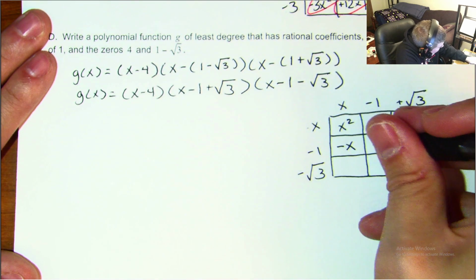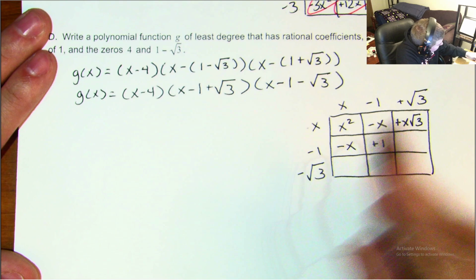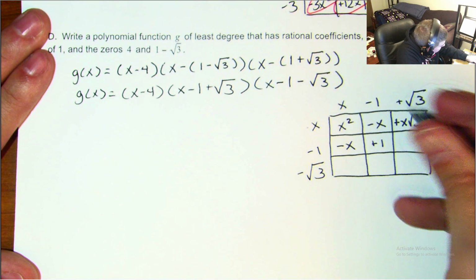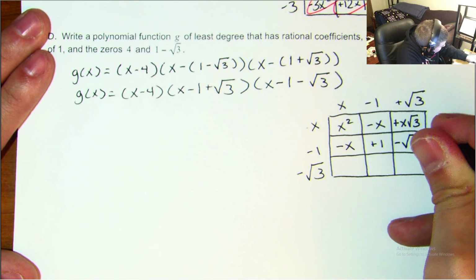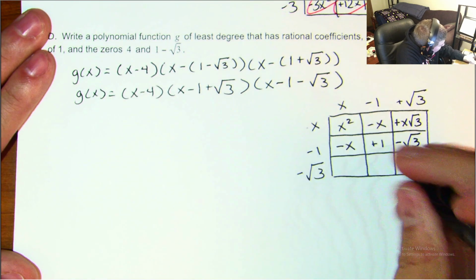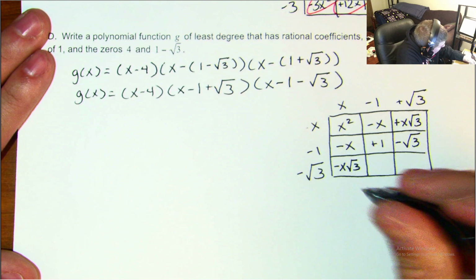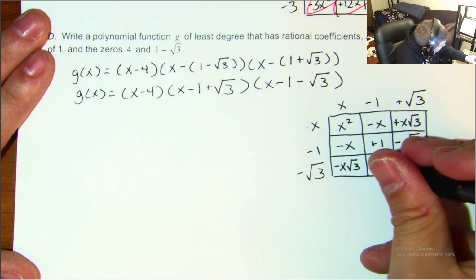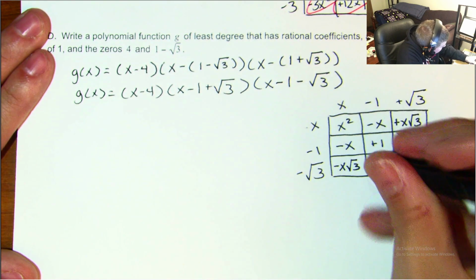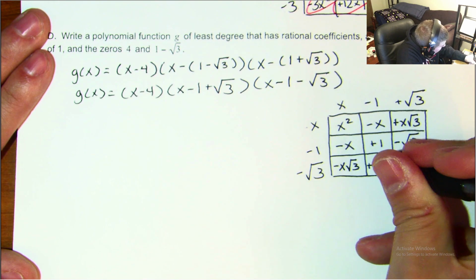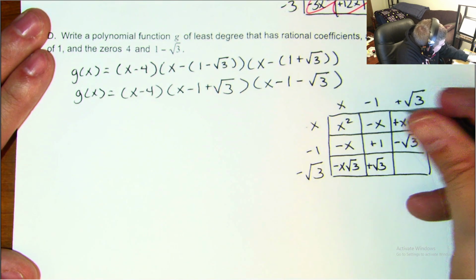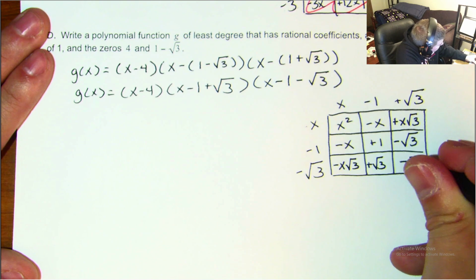Negative 1 times negative 1 is positive 1. Negative 1 times the positive square root of 3 is negative square root of 3. x times negative square root of 3 is negative x square roots of 3. Negative square root of 3 times negative 1 is positive square root of 3. Negative square root of 3 times positive square root of 3 is negative 3.